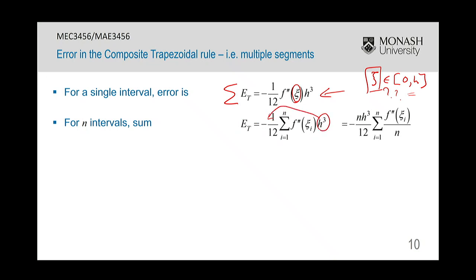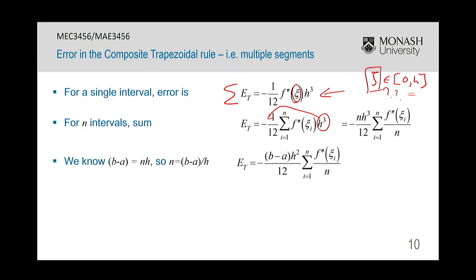Now, what we're going to do here is pull the h cubed out of the sum because it's a constant. We're also going to pull out an n, but we're going to divide by n as well. So effectively we're multiplying by n and dividing by n, so we're not doing anything to the value of this particular function. And we see that, well, first of all, b minus a is equal to the number of segments times the segment width.